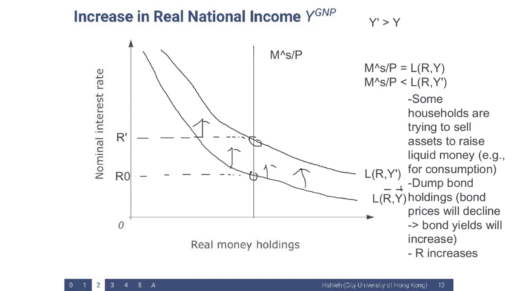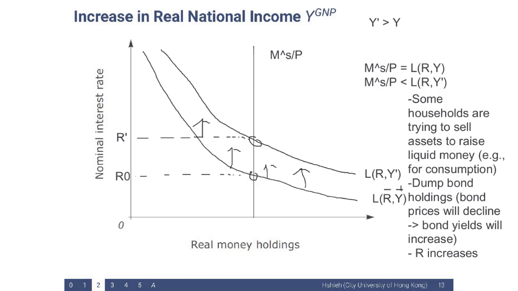L is larger. We want to make it smaller now. How do we make it smaller with interest rates? Yes, we increase interest rates. Just based on this line here, you can already see that in order to restore equilibrium, interest rates must be adjusted higher, in order to have a market clearing condition.